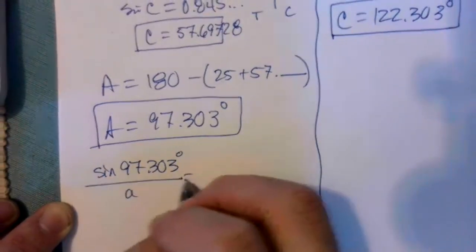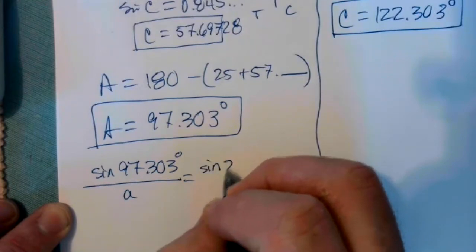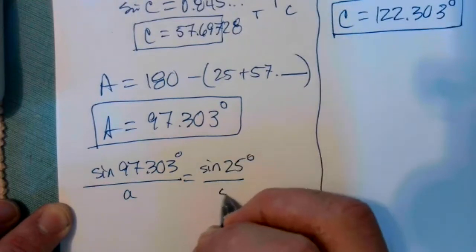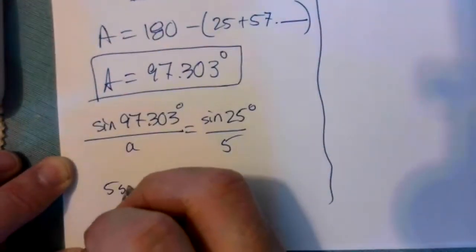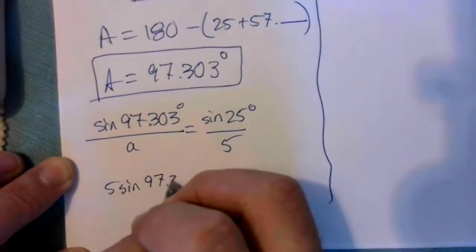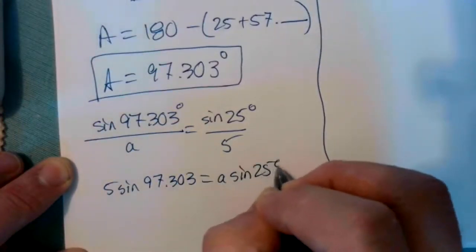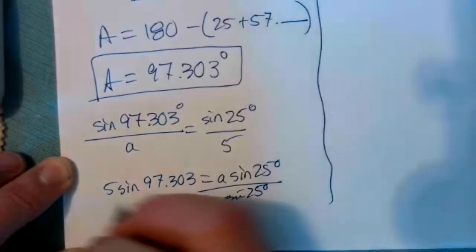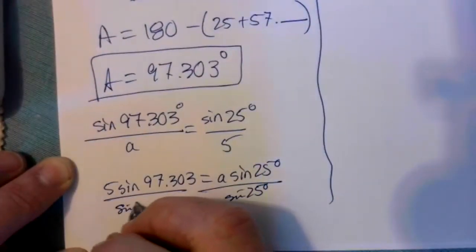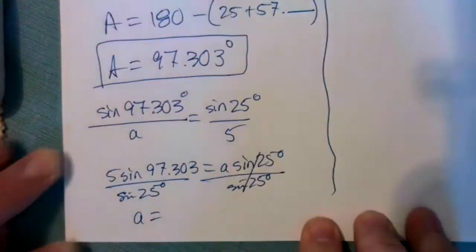Over, I don't know yet, equals, I'm going back to the B's because I have them and they're clean. Okay, so again, I'm going to cross multiply. And then I'm going to divide by the sine of 25. Okay, so now A equals, and I need to type this in.